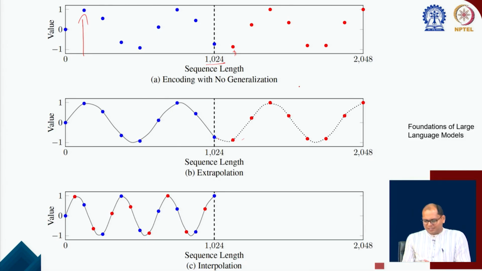So if you have a longer range, you can map it to the observed range. So map 2048 to 1024, and then you have values for all the positions that you wanted. Of course, the position here after this mapping corresponds to 2048. So this is the interpolation idea.